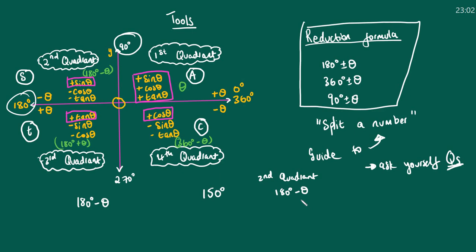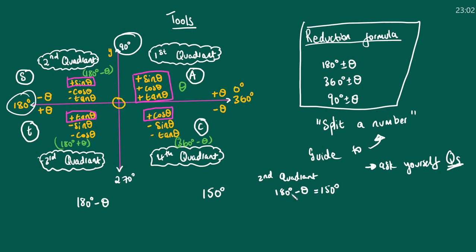In most cases you can do it mentally. But if you feel you might get it wrong, a method that gives you the correct answer all the time is to say 180 degrees minus theta is equal to 150 degrees. This is for my students who struggle with mental maths.